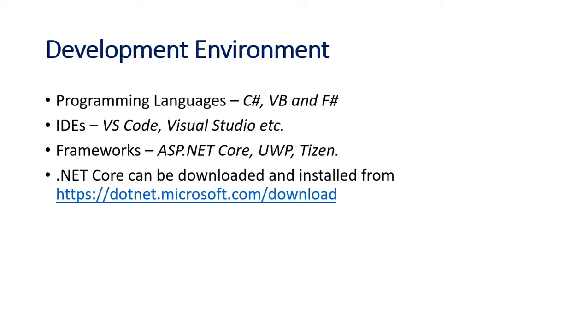Once you install the .NET Core SDK, your development machine will have the .NET Core runtime and the ASP.NET Core frameworks installed, and along with that you will get the .NET CLI.